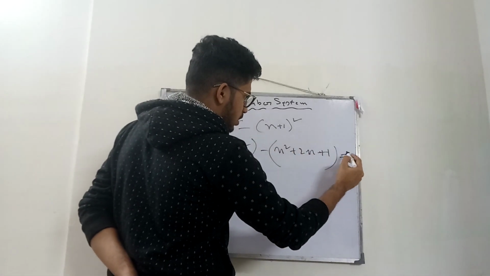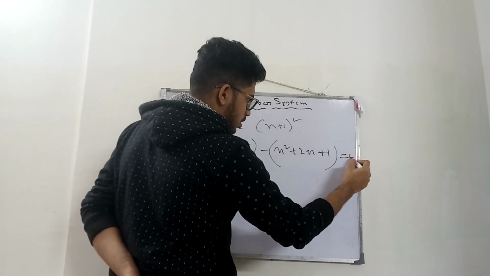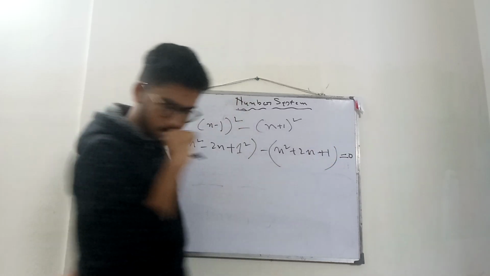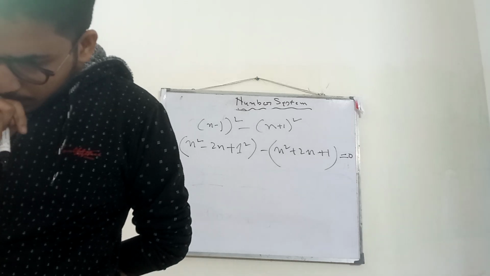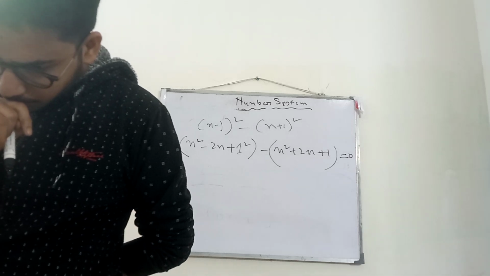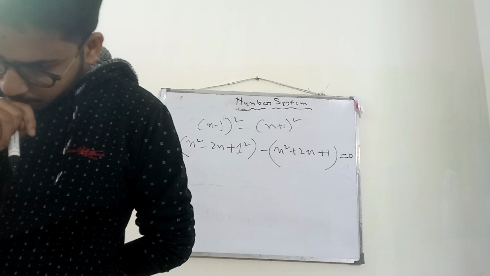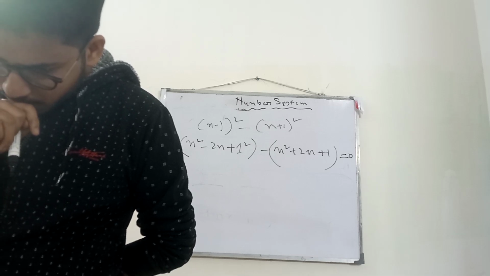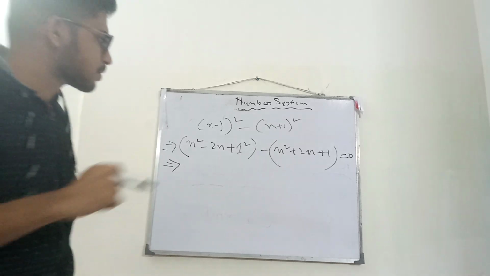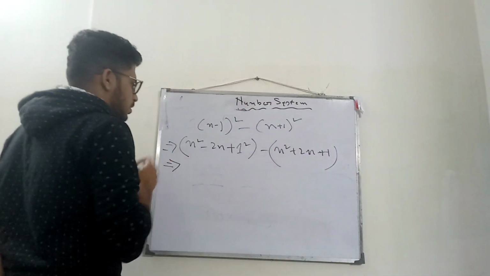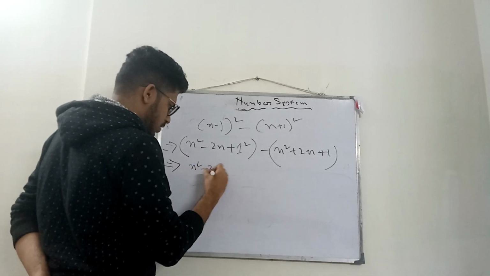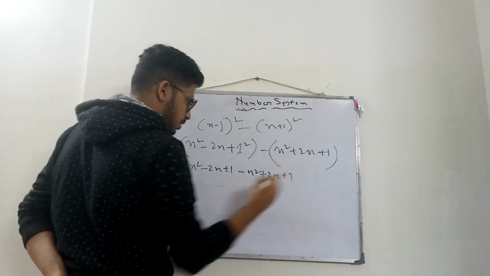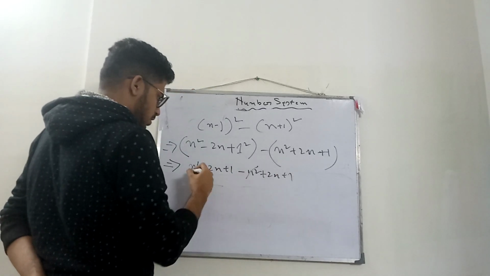Suppose n square minus 2n plus 1 and n square plus 2n plus 1. This one is cut out, this one is cut out.